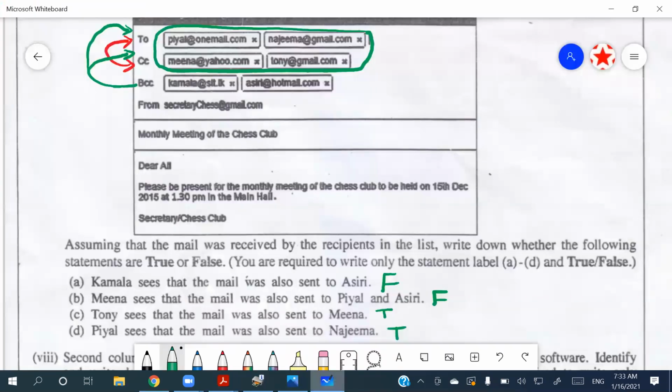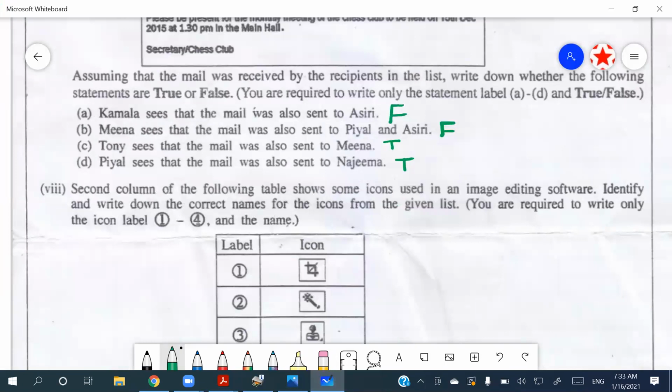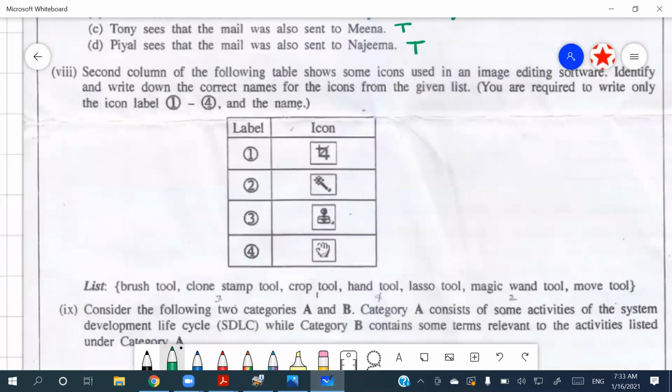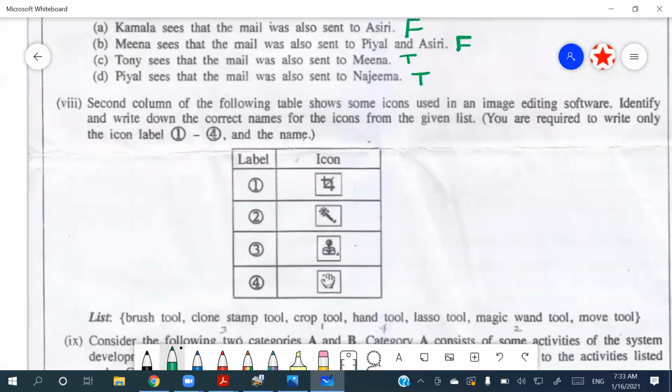Yeah, so the next one, it is regarding the icons and the names. The names are given below, so they just want you to match it. So the first one is the crop tool. Second one, we call it fuzzy as well as magic wand.